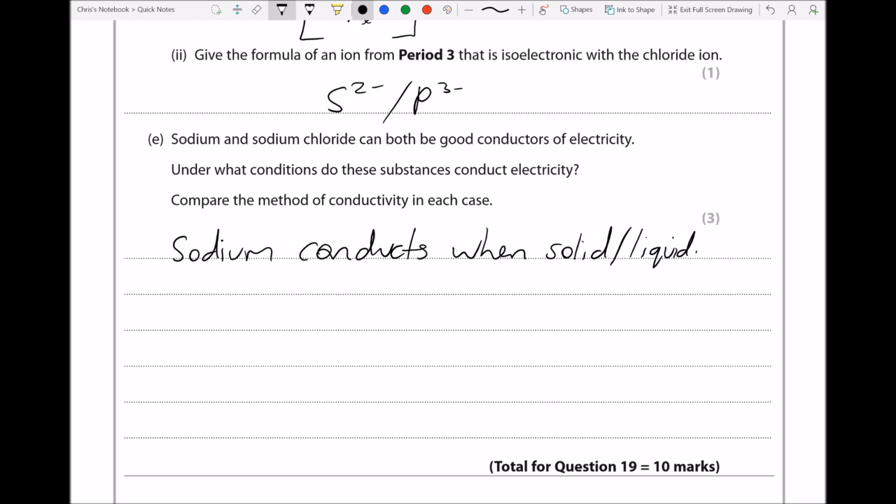Okay, so that's fine. If we look at the compound, sodium chloride will conduct as well, and it will conduct when it's molten or when it's dissolved in solution. It won't do it when it's a solid, because the ions are not free moving, but it will when it's molten or in solution.